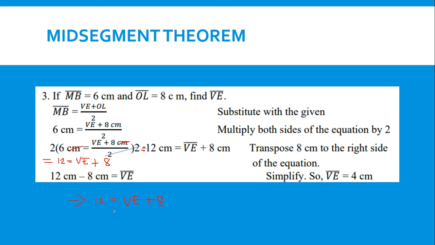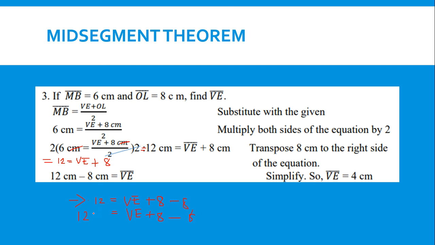So, looking at VE plus 8, let's first solve for the right side of the equation. What is the purpose? To remove this 8, because VE is what we are looking for. So, the purpose is for only VE to remain on the right side of the equation. So, that is minus 8. Then, if you subtract 8 on the right, you also subtract 8 on the left.